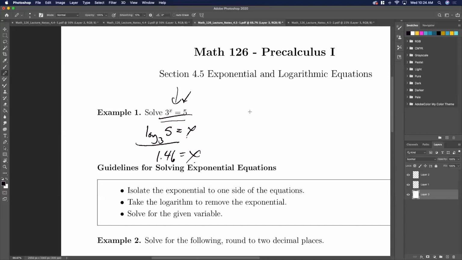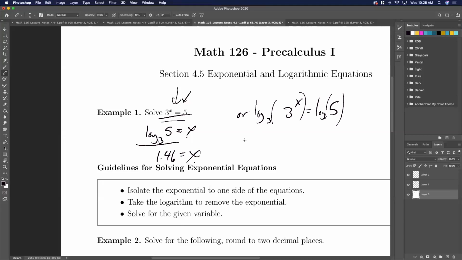The second thing you can do, a valid operation you're allowed to do, is if I have 3 to the x equals 5, taking the log base 3 of both sides is a valid operation.